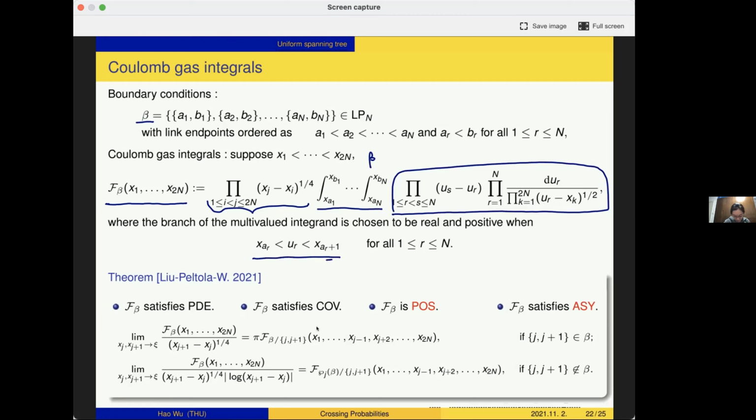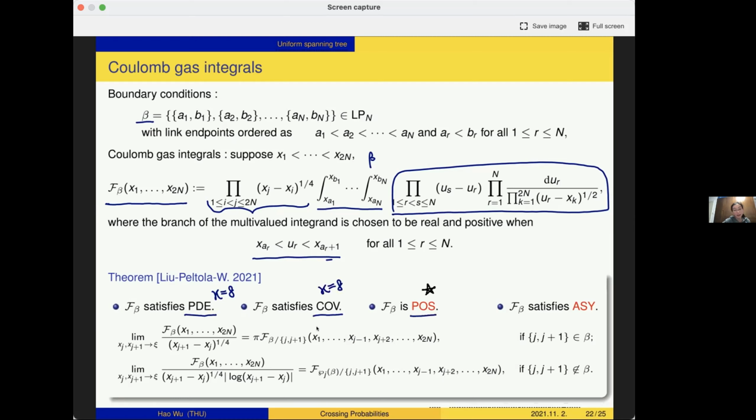In fact, we can prove that with this definition of the Coulomb gas integral, F beta satisfies the second order PDE. This second order PDE is the same as what we described for the pure partition function, with the parameter kappa equals 8. F beta also satisfies the conformal covariance, the same as before, with kappa equals 8. Moreover, we can also prove that this F beta is positive.